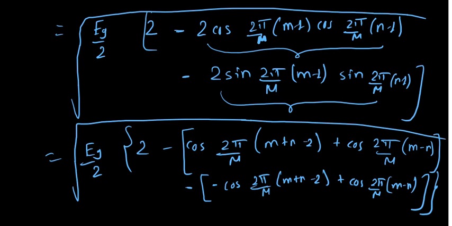Now you can see this term and this term will get cancelled, because minus and minus will result in plus, and plus and minus will cancel this thing, right? So we are just left with this term, and as you can see these are the same terms, so twice. Again I'm taking a new page, Eg by 2 is outside.